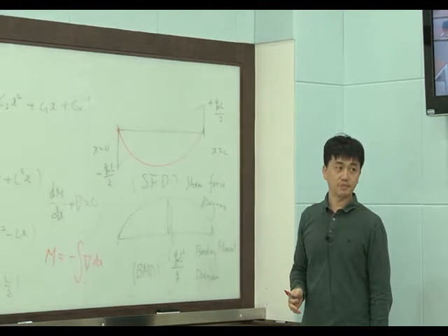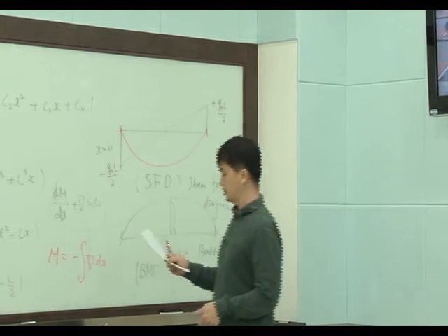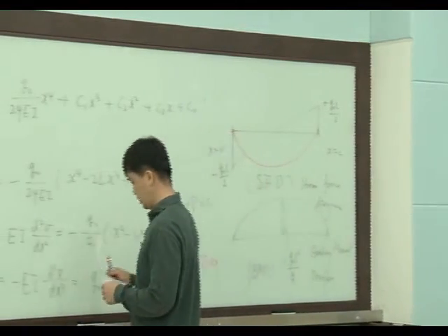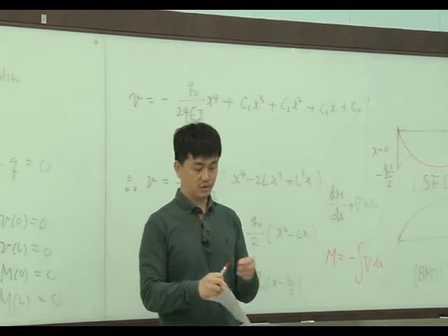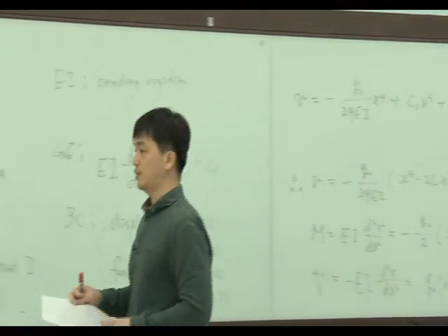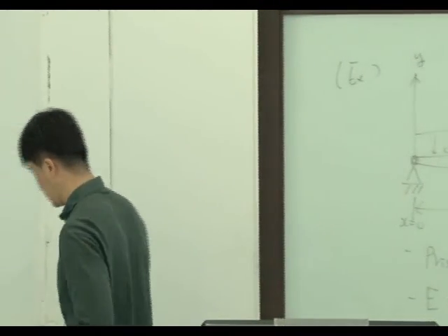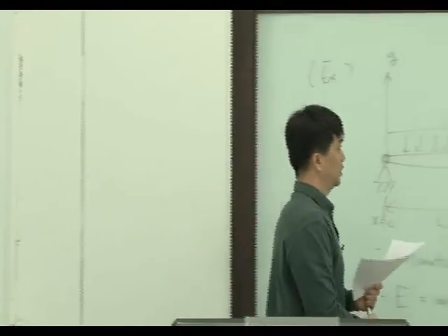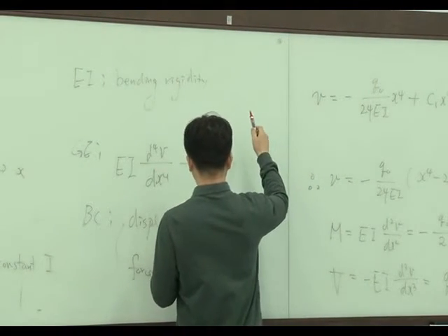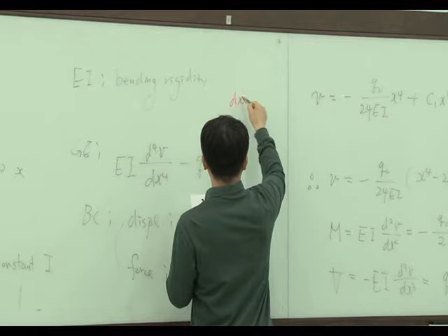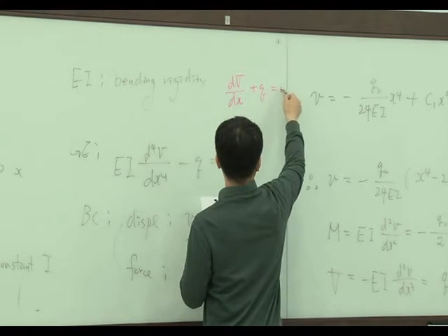So we can calculate the bending moment diagram directly from the integration of the shear force diagram, right? Also, we know the relation between shear force and distributed load. What's the relation? The relation between shear force and distributed load is dV/dx plus q equals 0, right?